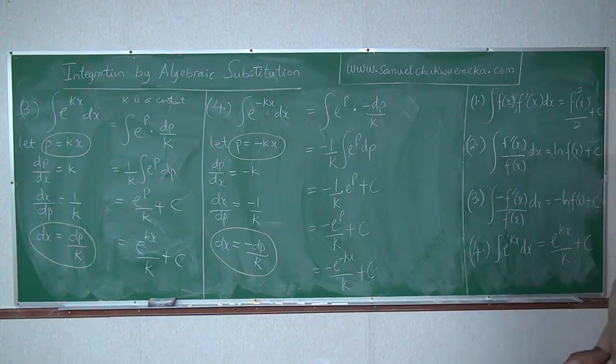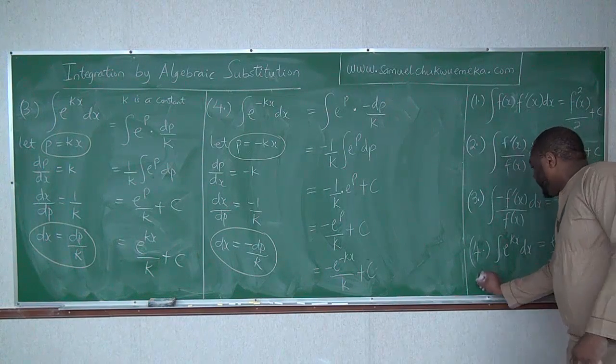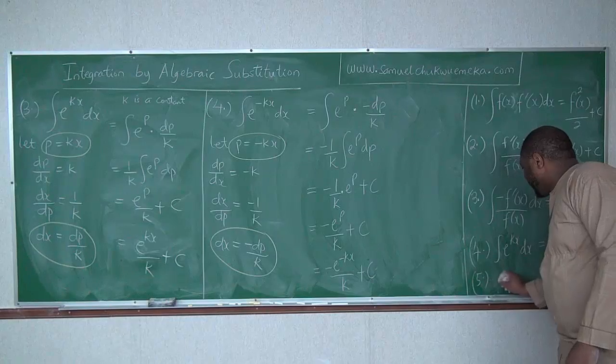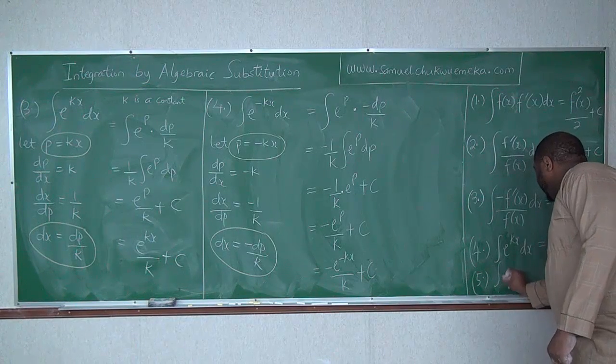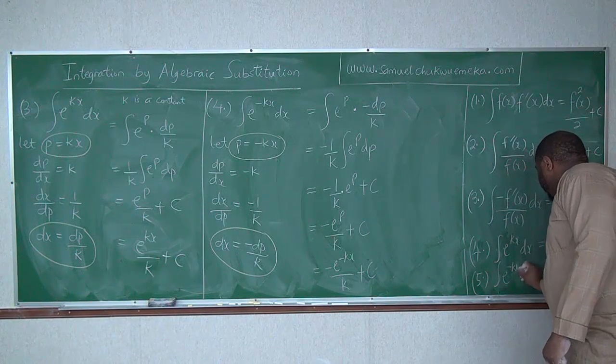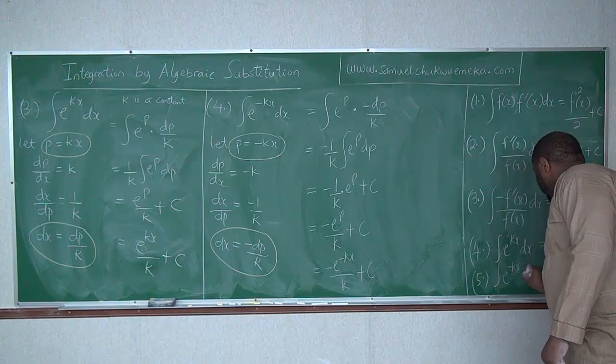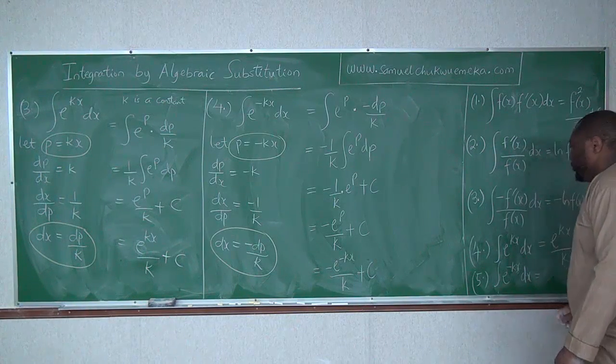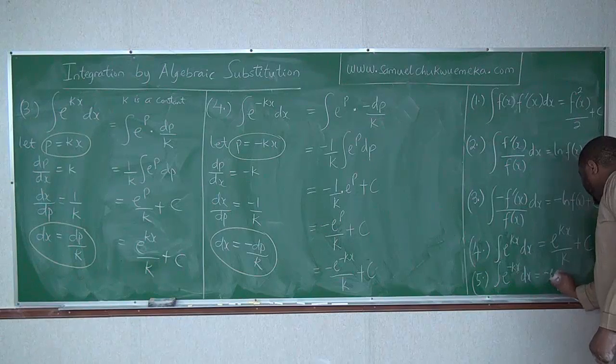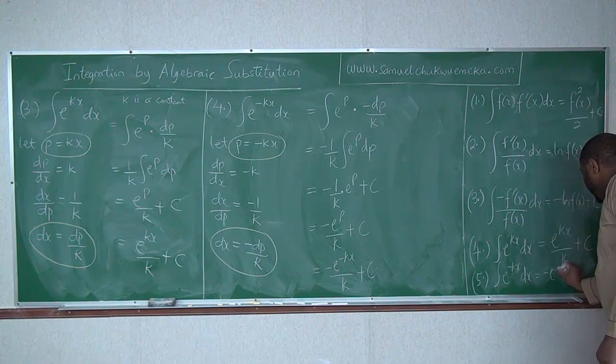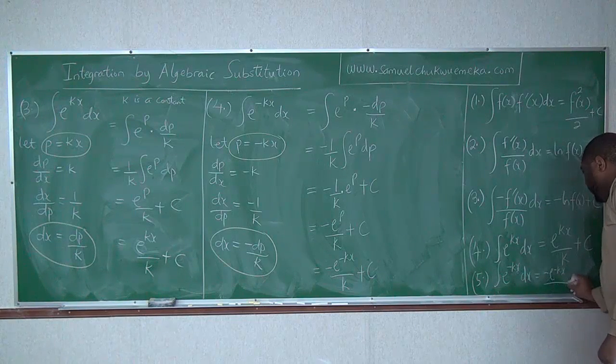That's it. And I will write this as number 5: the integral of e to the negative kx dx is equal to negative e to the negative kx over k plus c.